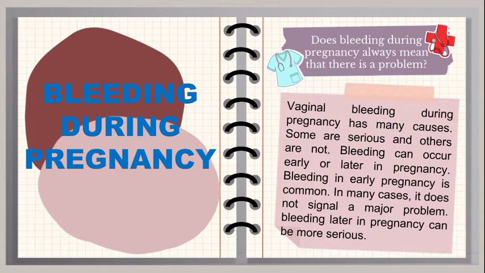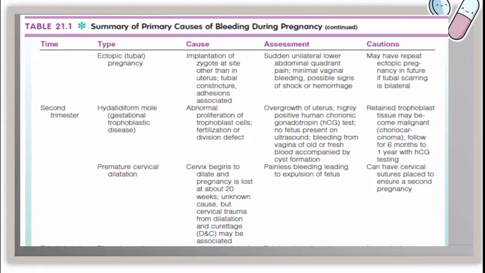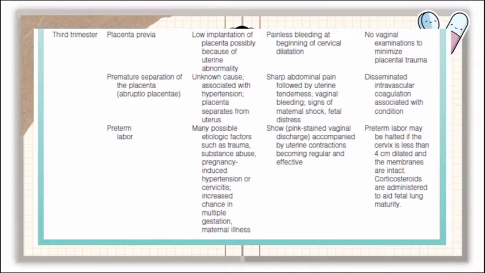So there will be no complications in your future pregnancy. Here is the summary of the primary causes of bleeding during pregnancy. I will not discuss this now, because they will discuss this thoroughly later.